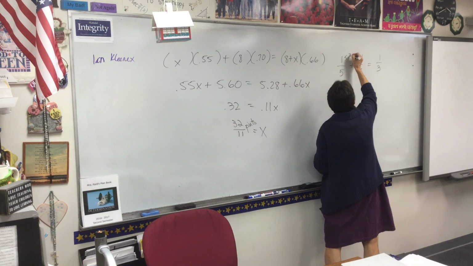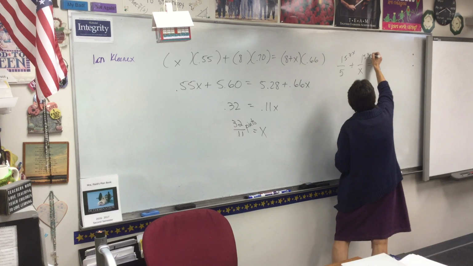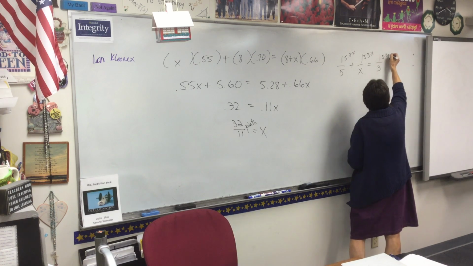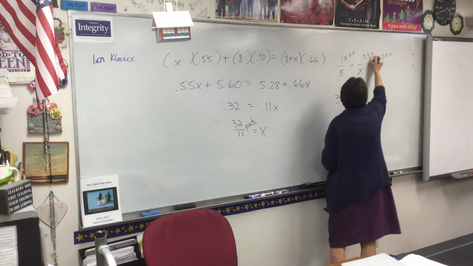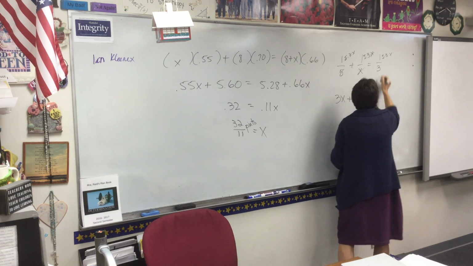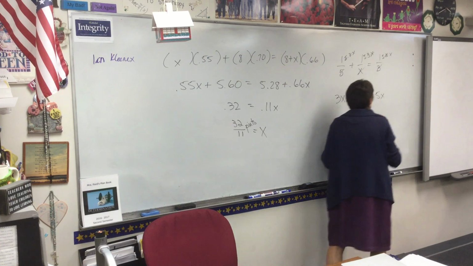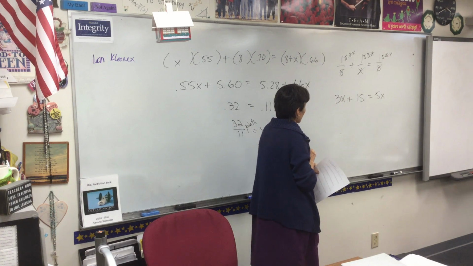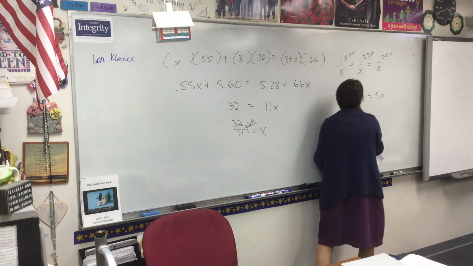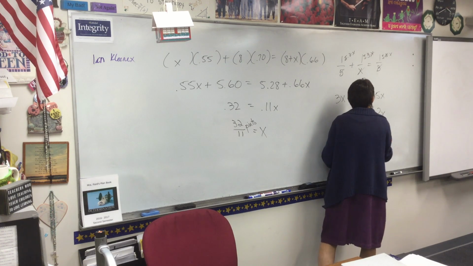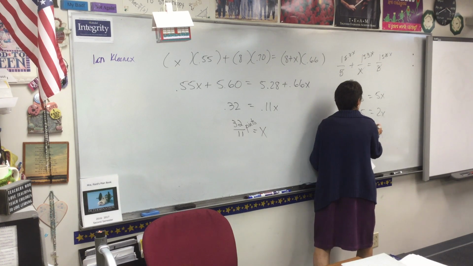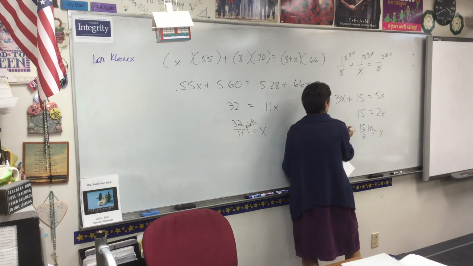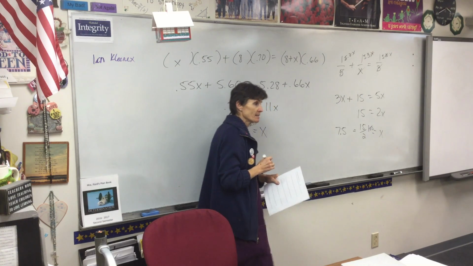So we multiply by 5 and 3 and X. So 3X plus 15 equals 5X. So 15 equals 2X. And here's an example, James Wayne. So we can say 15 halves hours, or we could say 7.5 hours, because that's a nice neat decimal.